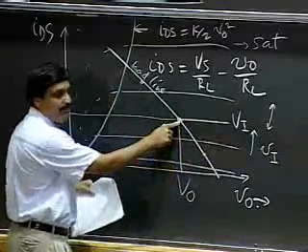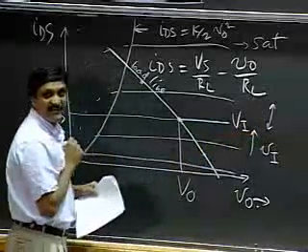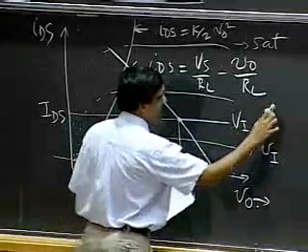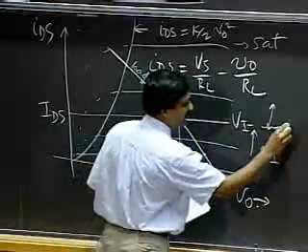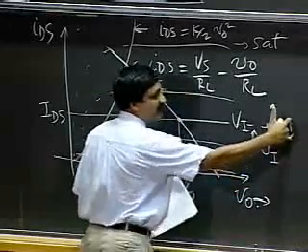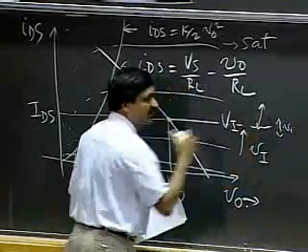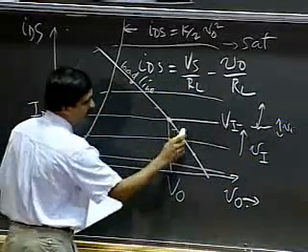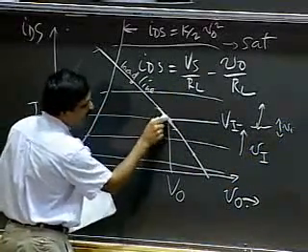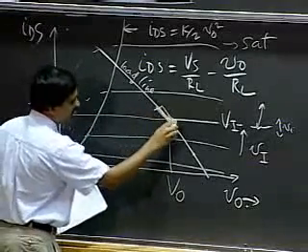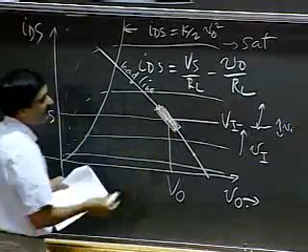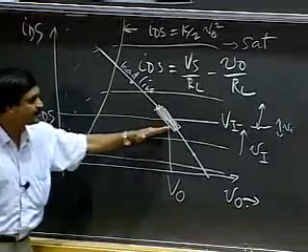So if about this operating point, my small signal VI varied over a small range, then correspondingly, the output value would vary about this part of my load line.